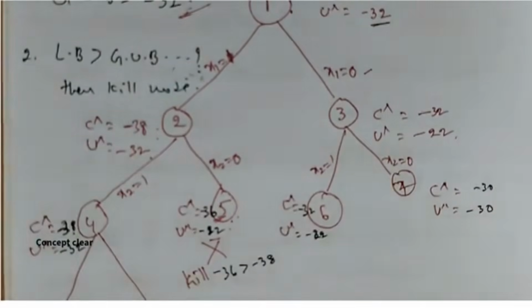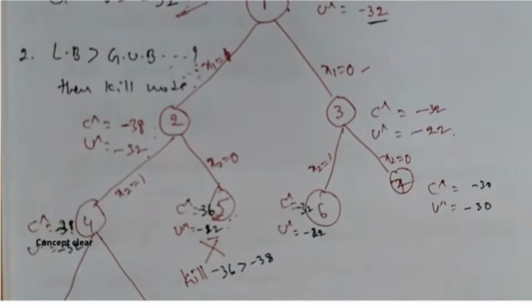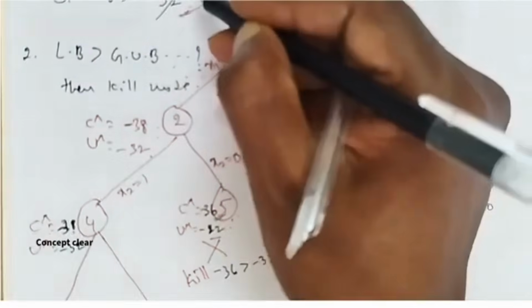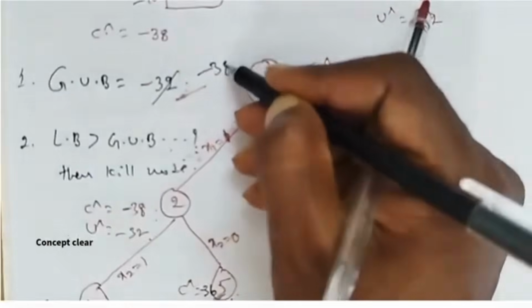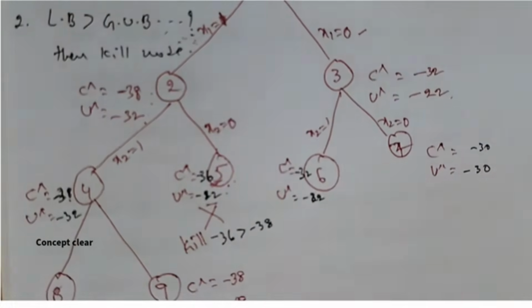Here the upper bound values are minus 38 and minus 32. So I have to change the upper bound value into minus 38. So it becomes minus 38.